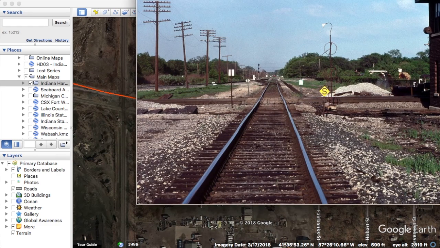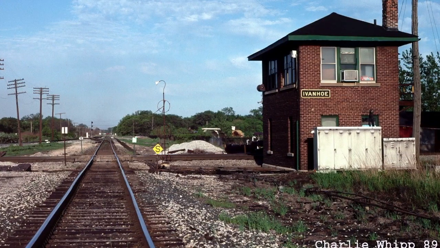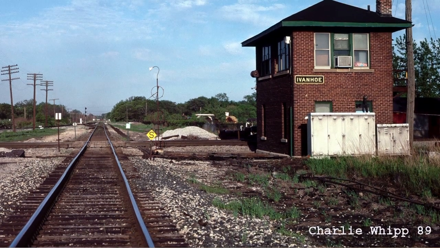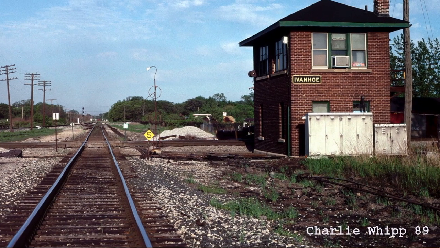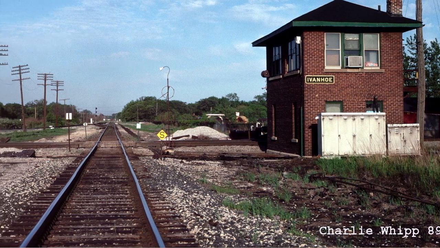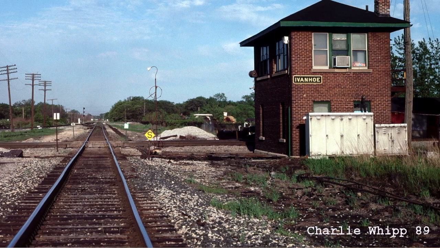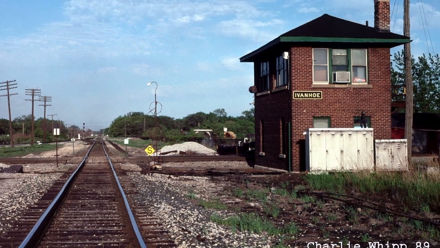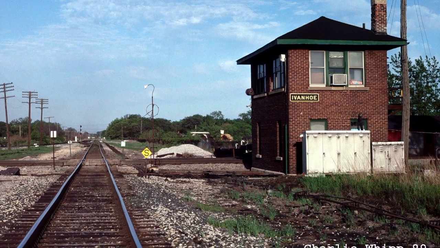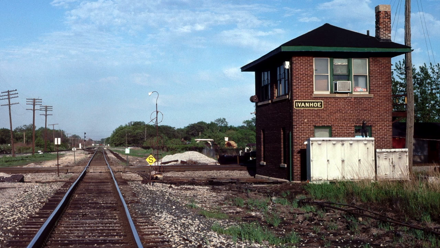Okay, so the first one that I want to show you guys is a photograph of Ivanhoe Tower. You see the photograph credit down there, Charlie Whip. All right, so this tower here, from this view, we will be looking east down to Michigan Central. And you can see that by the time that this photograph was taken, the area was single track.